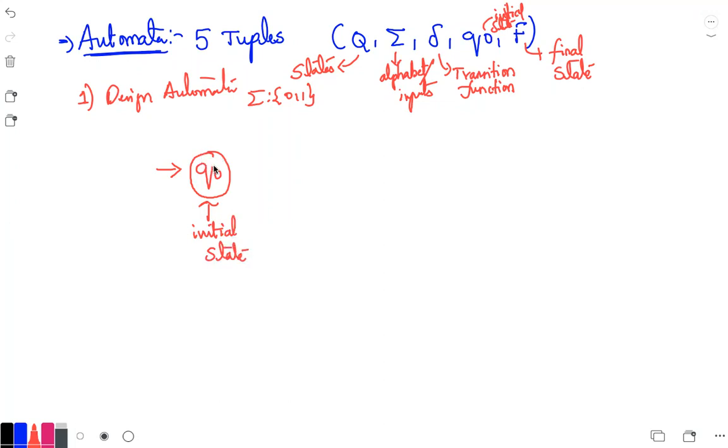So Q naught, I will take an input 0. Initially you are in Q naught. If you take the input 0, you will come back to the same Q naught itself. Nothing will happen. But if you take input 1 from Q naught, you will reach a new state, Q1. Again from Q1, if you take input 1, you will come to the same state.